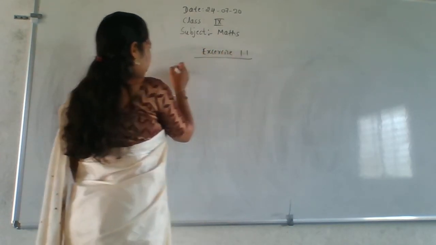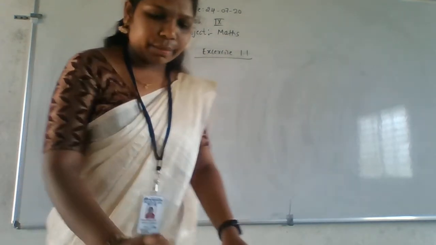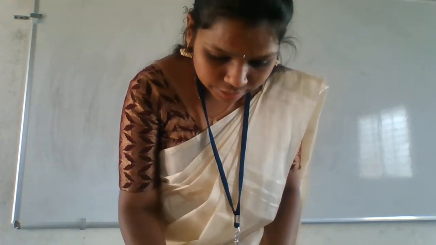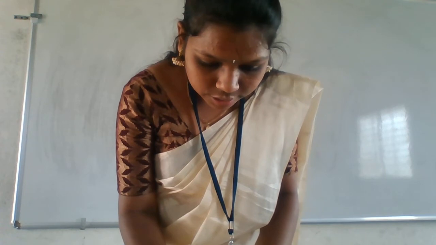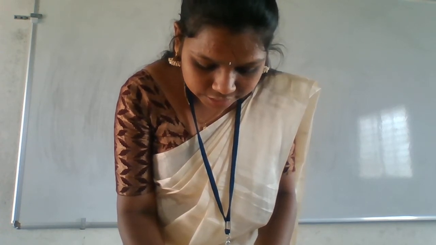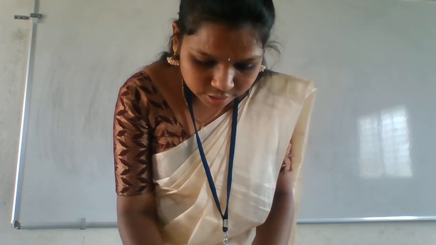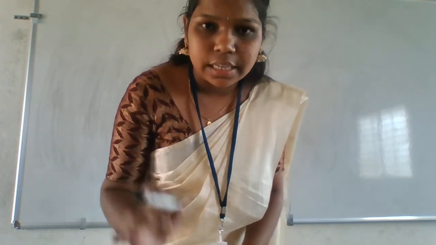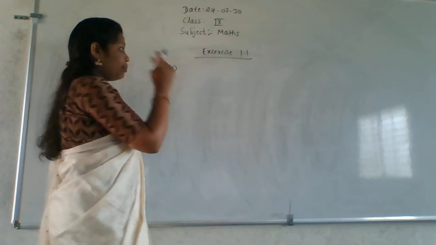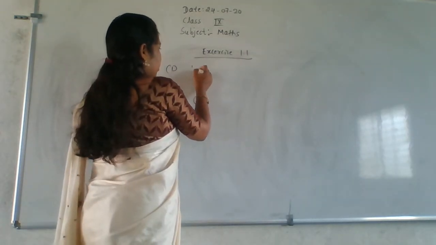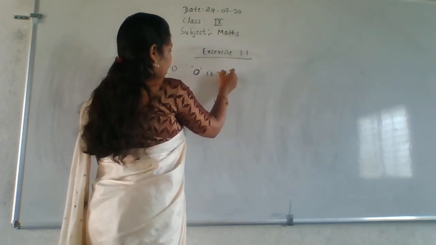So now go for exercise 1.1. What is the first question they gave here? Is 0 a rational number? Can you write it in the form of p by q, where p and q are integers and q is not equal to 0? They asked whether the number 0 is a rational number.